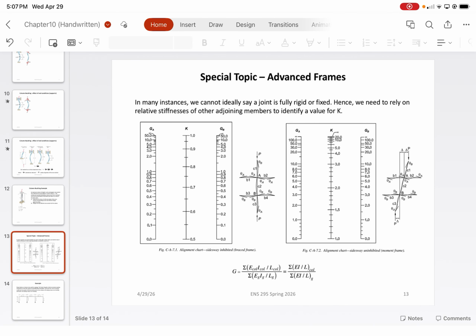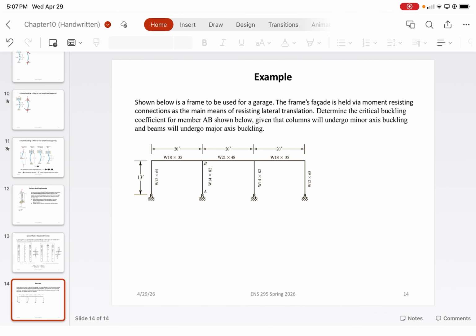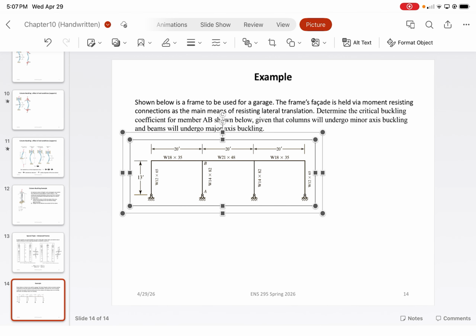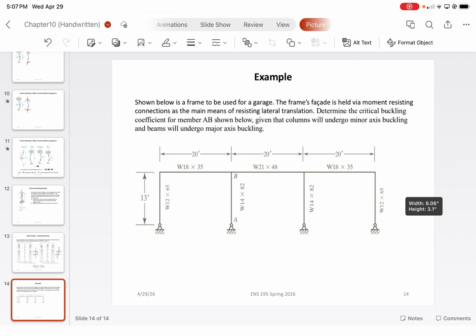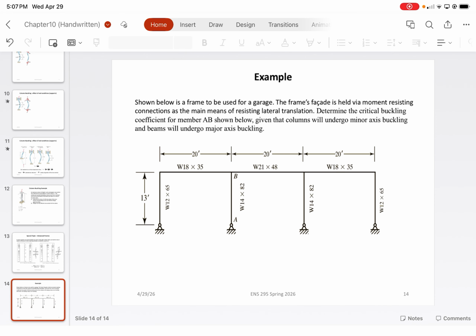The best way to show you how to use this table is to look at a frame really quickly. I know this is a little hard to see, but here we've got a W12 by 65, W18 by 82, W18 by 35, and W21 by 48.